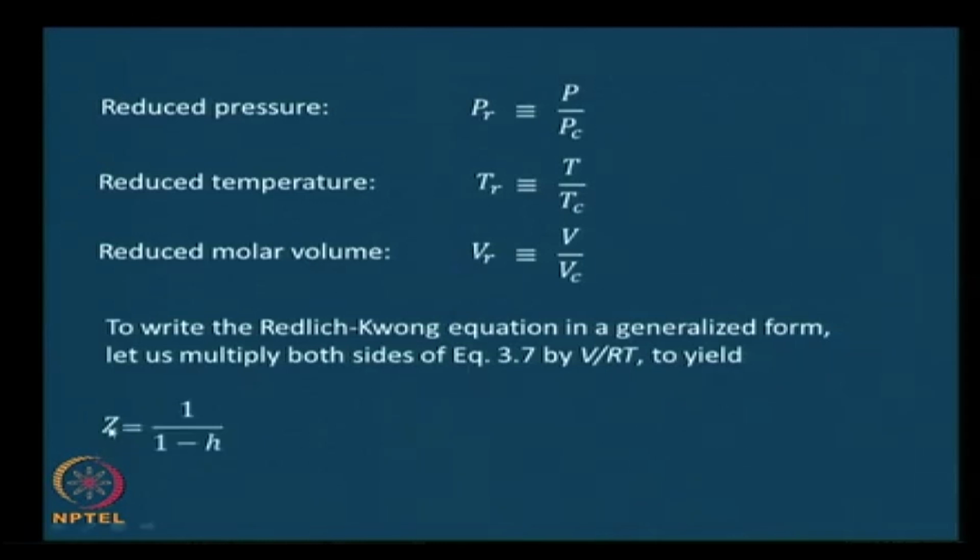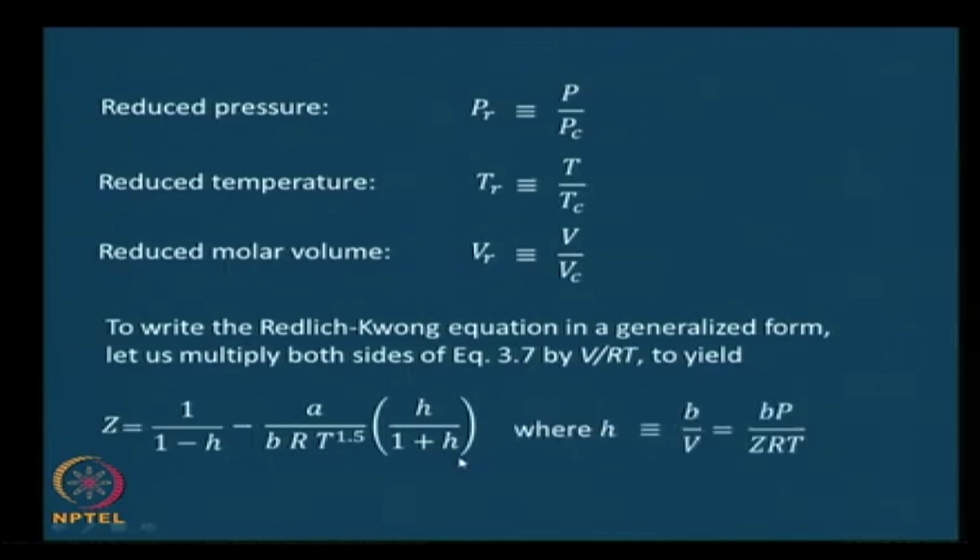Z, the compressibility factor, is 1 by 1 minus H minus A by B R T power 0.5 into H by 1 plus H, where H, which we have introduced here, is nothing but B by the molar volume, or in terms of the compressibility factor it is BP by ZRT.